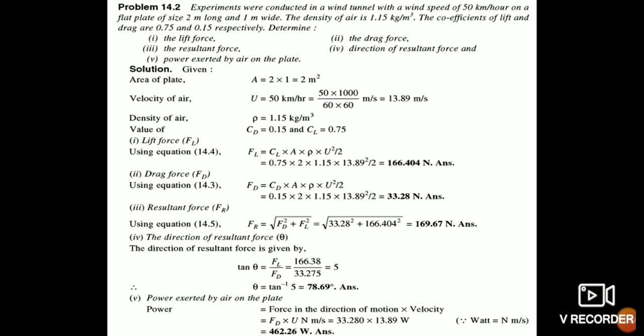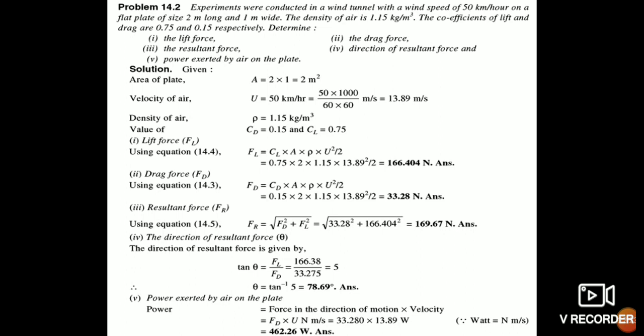The lift force FL is equal to CL rho A U square divided by 2, where CD is replaced by CL. Then the resultant force F is equal to the square root of FD square plus FL square, and if the angle is asked, then tan theta is equal to FL upon FD. The vertical component is the lift force, and the horizontal component in the direction of flow is the drag force.